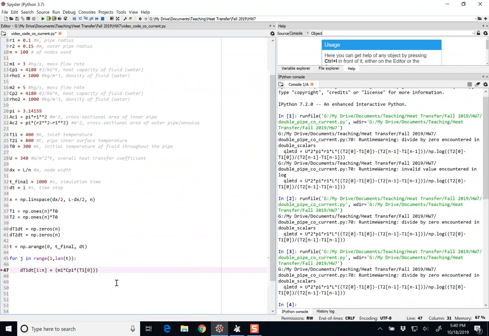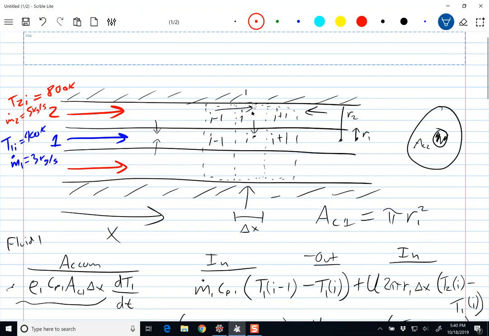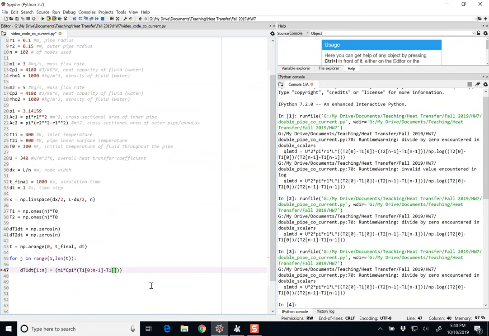So here we're going to go 0 to n minus 1, and that will represent the advective in term. Then we've got the advective out term, and if you remember from the prior video, energy is leaving this ith node, so we're going to have this match the same indexing as our vector. So this is going from node 1 to n. Just check our parentheses there, we look good.